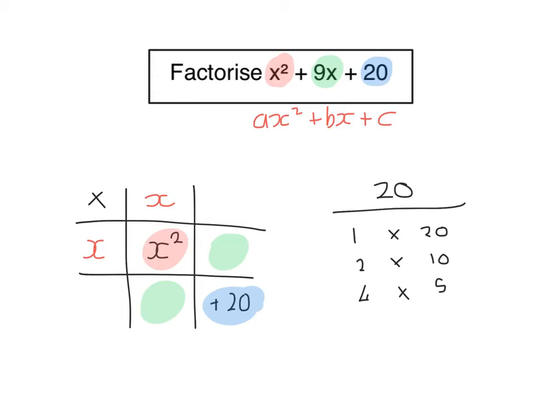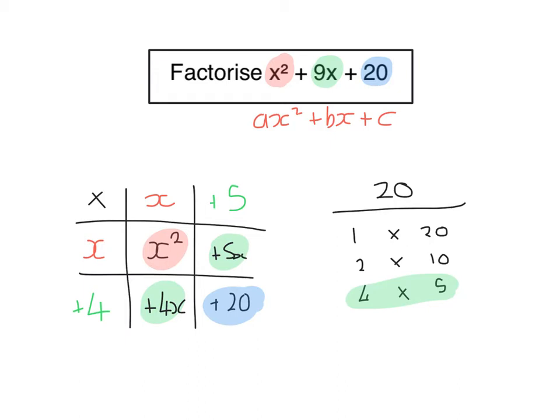Well, it's 4 and 5. So if I pop a 4 here and pop a 5 here to keep them both positive, I'd end up with positive 4 times x is 4x and positive 5 times x is 5x. They would come together to make that 9x.